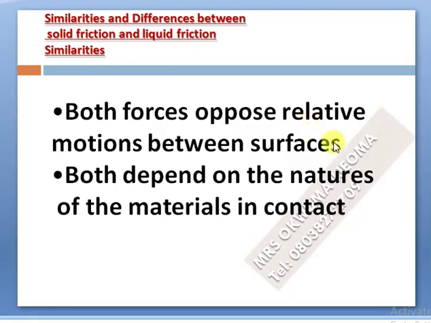Another one, both depend on the nature of the materials in contact. Now remember, one of the laws of solid friction is that it depends on the nature of material in contact. In smooth surfaces you encounter less friction, whereas in rough surfaces you encounter more frictional force.